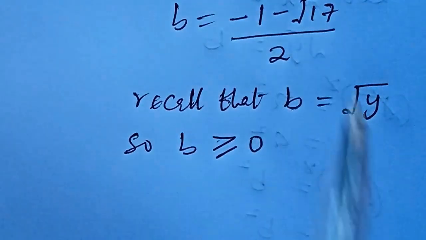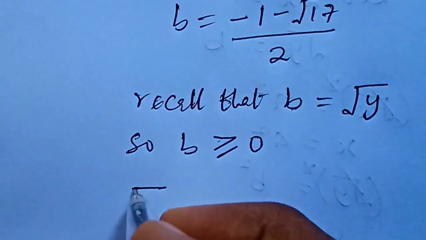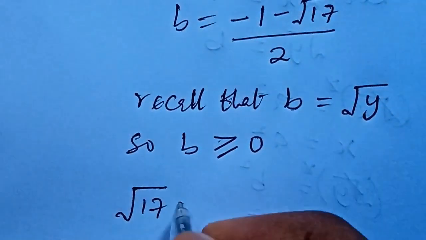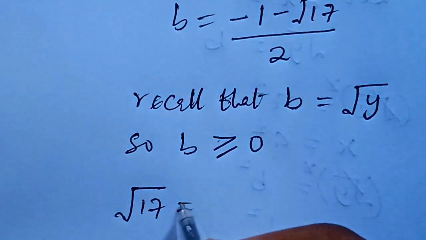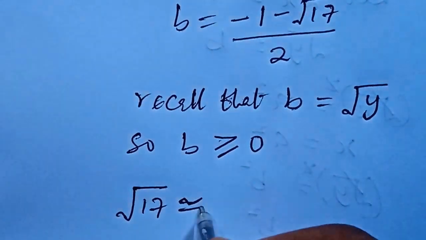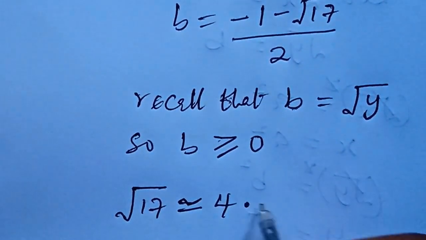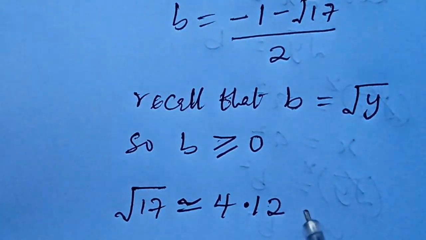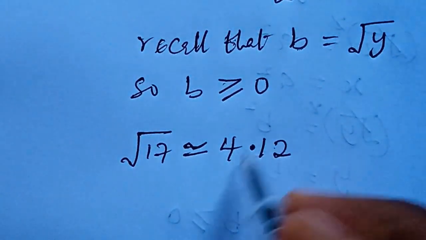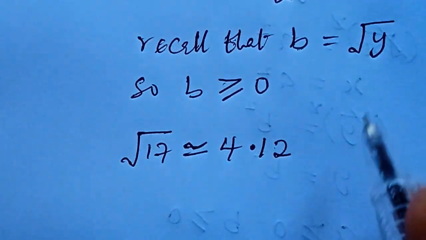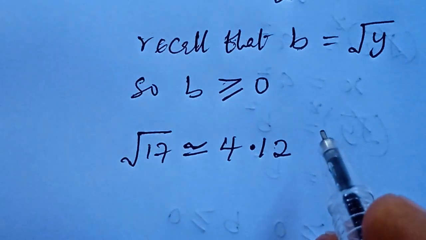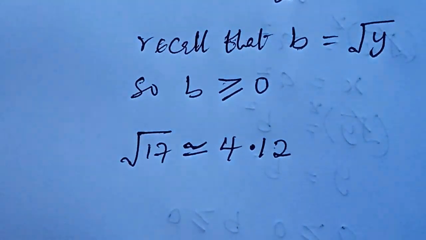So from here, the square root of 17, let's simplify that. That will be approximately given by 4.12.